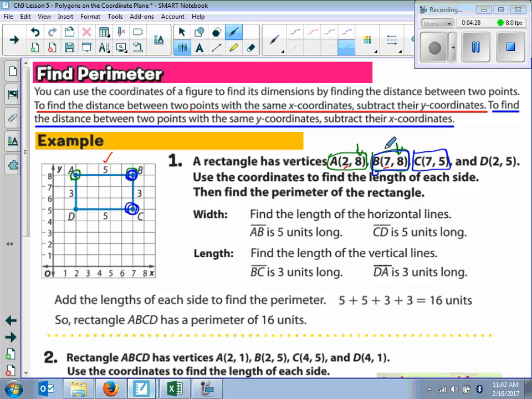They have the same x values, so we subtract the y values. 8 minus 5 is 3, and that's how we get our dimensions. Now to find the perimeter, we just add all the sides together: 5 plus 5 plus 3 plus 3 gives me 16 units. Got it?